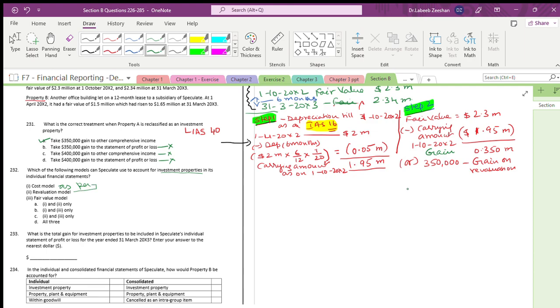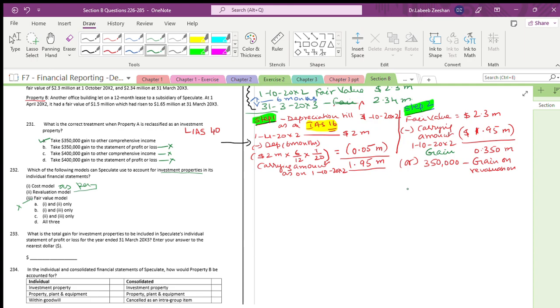We are going to revalue it and consider on the revaluation. We will never take into consideration the fair value as such. Is it right? Means investment property.